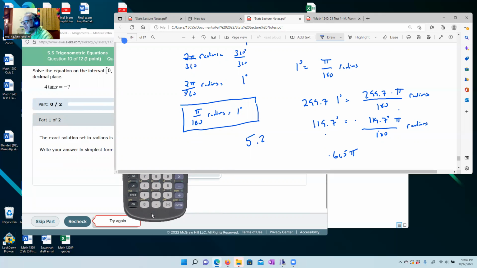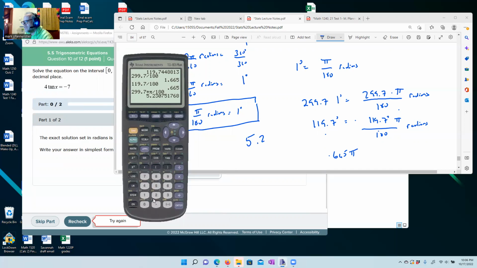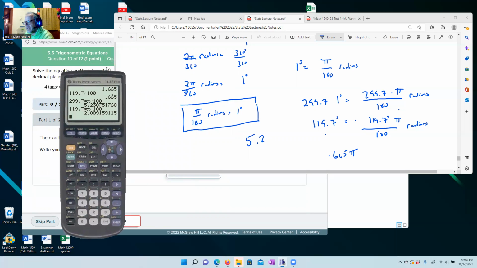And then we take 119.7 times pi divided by 180, and we got 2.1. Again, that's in radians.